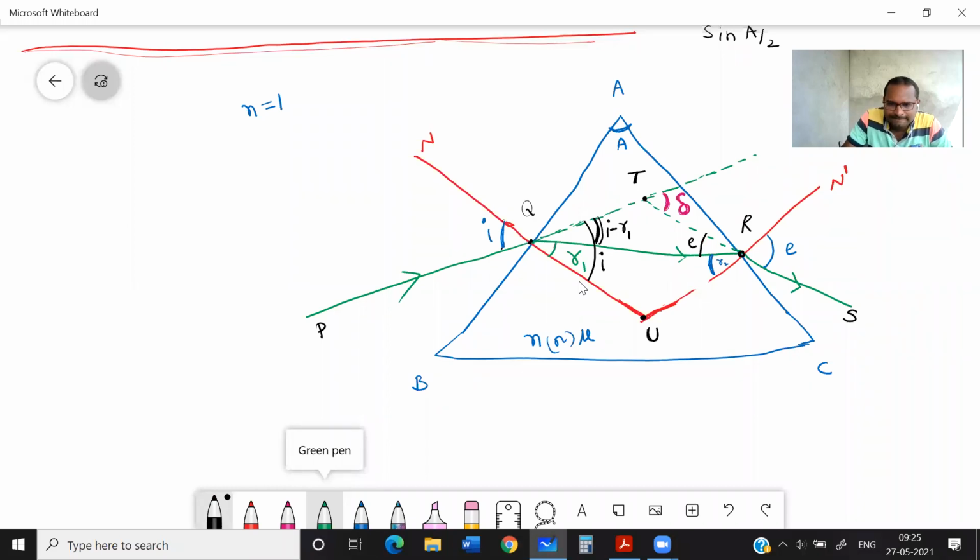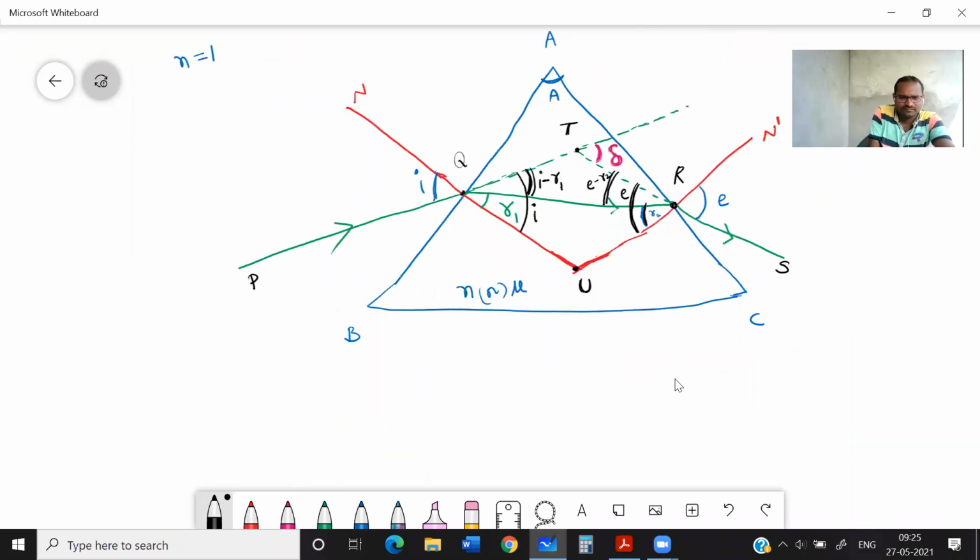Now as this is E and this is R2, this angle will be E minus R2. Correct? Now you see the triangle. I think you understood these angles I minus R1 and E minus R2.